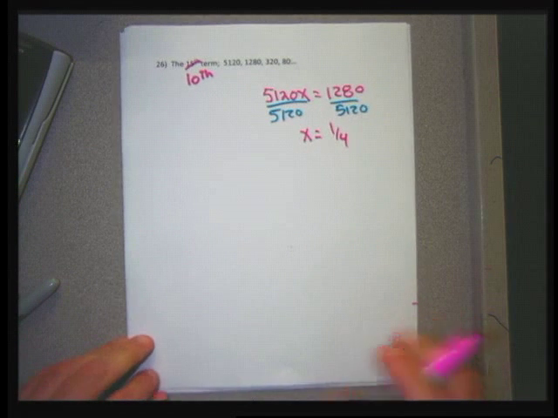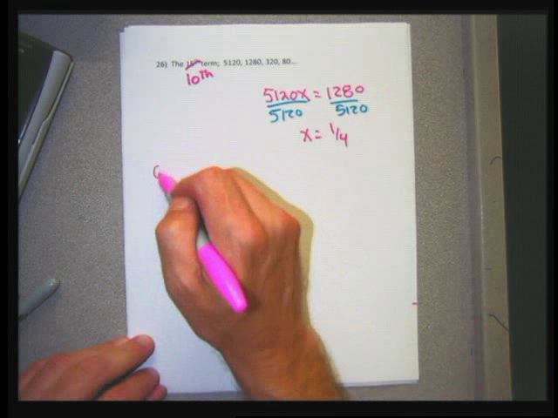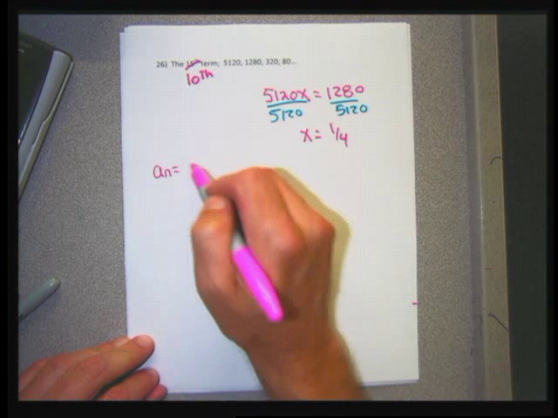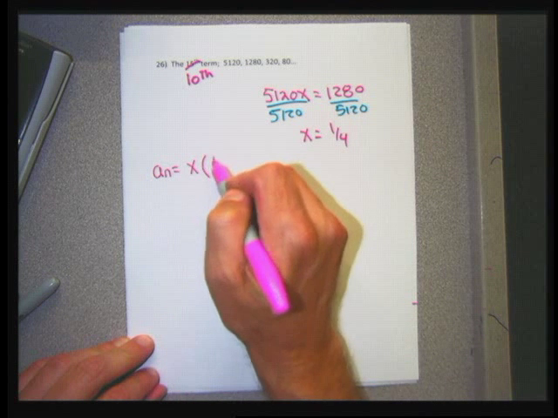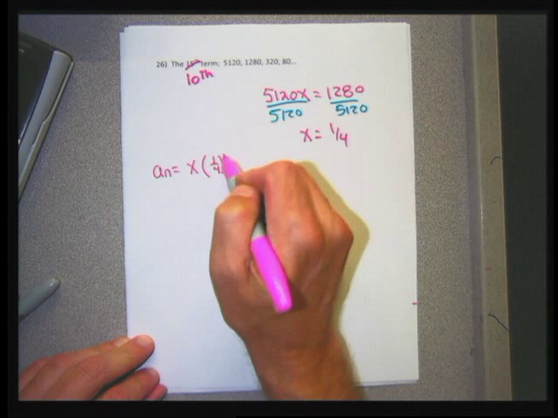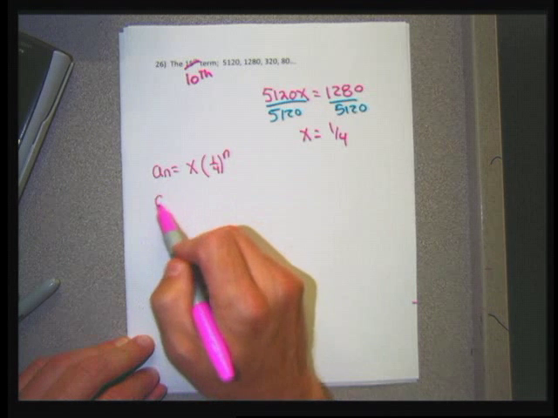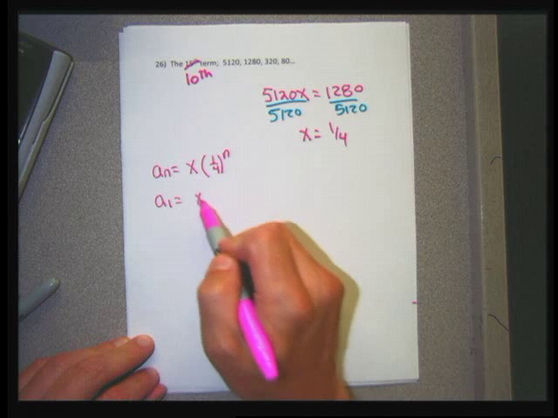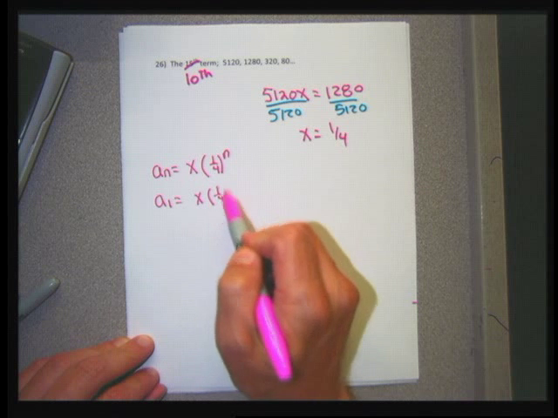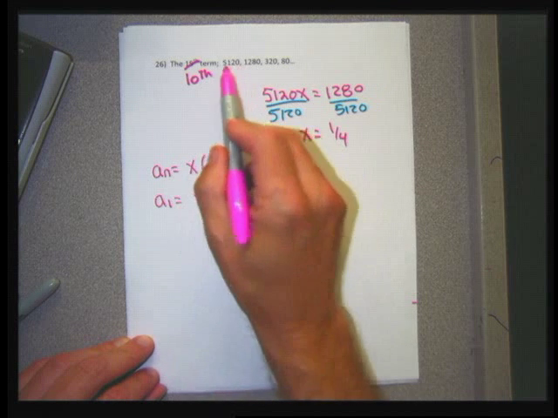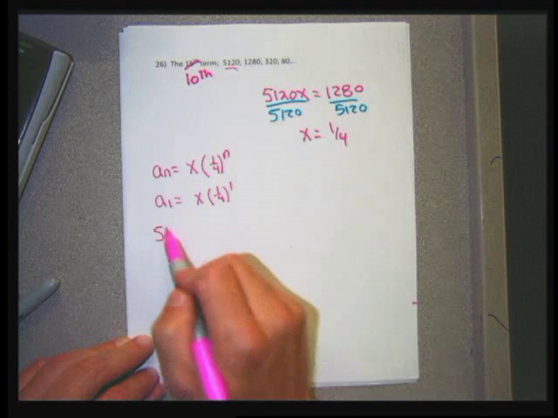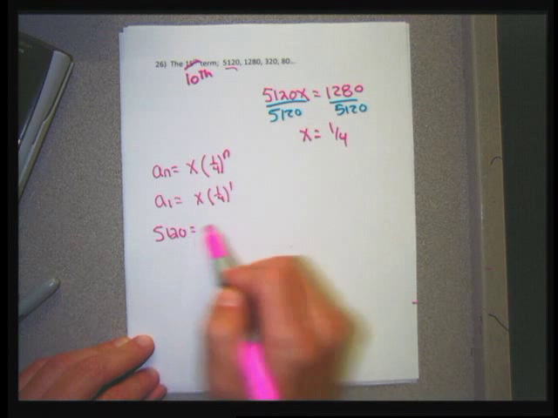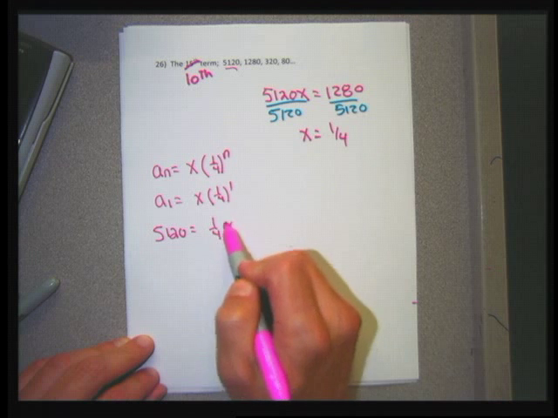Do this all by computations. The formula is going to be a sub n equals x times 1/4 to the n. A sub 1 is going to be x times 1/4 to the first power. A sub 1 is 5120. So 5120 is going to be 1/4 x.